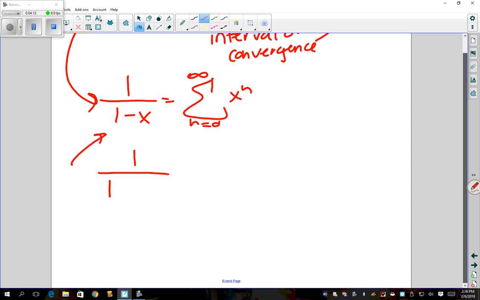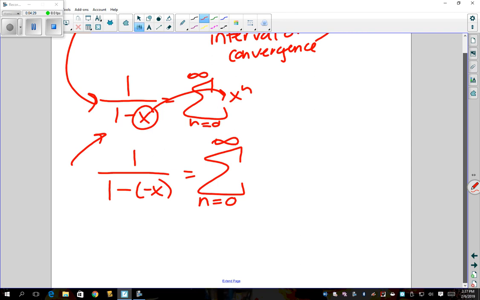So if I rewrite this, I can take 1 minus -x. In our first scenario, I was plugging in positive x. In this scenario, where I'm trying to make the new power series, I'm going to plug in -x. So this is the same as saying -x to the nth power.